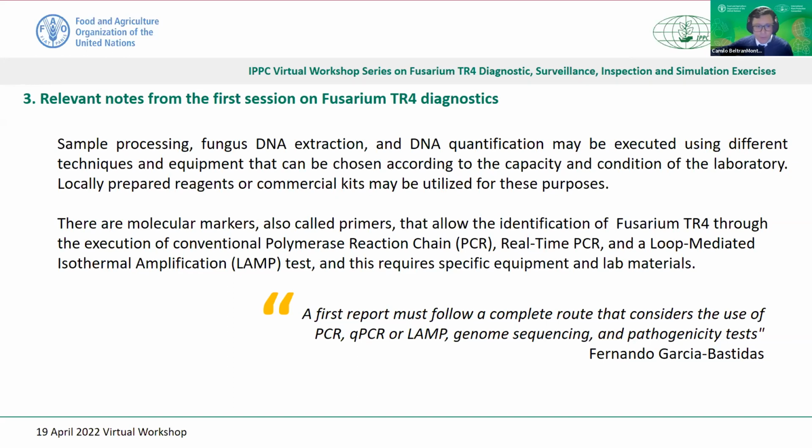There are molecular markers, also called primers, that allow the identification of Fusarium TR4 through the execution of conventional polymerase chain reaction, PCR, real-time PCR, and loop-mediated isothermal amplification, LAMP, tests. And these require specific equipment and lab materials.